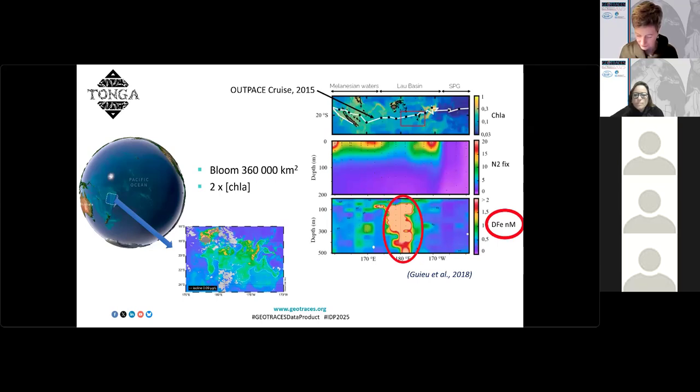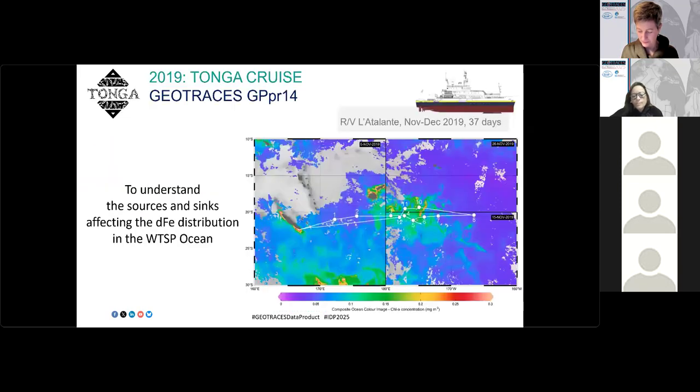During the OUTPACE cruise in 2015, we measured huge iron concentrations in the Lau Basin, up to 16 nanomoles, also corresponding to very high nitrogen fixation rates. We made the hypothesis that iron was coming from shallow hydrothermal sources from the shallow volcanic arc of Tonga.